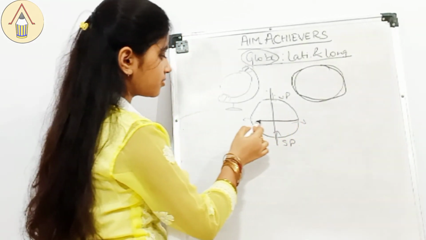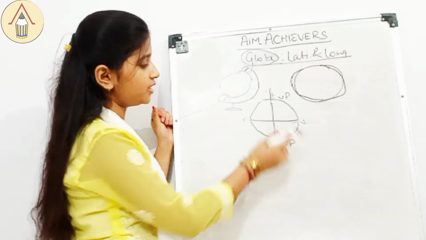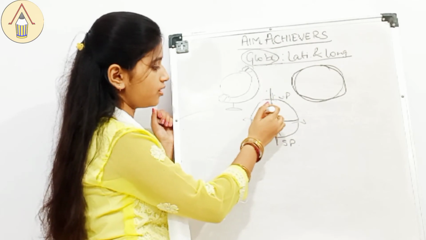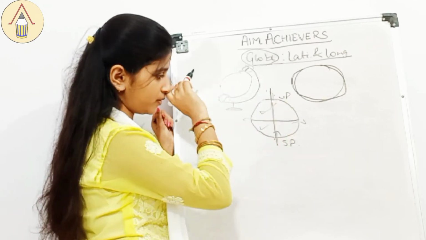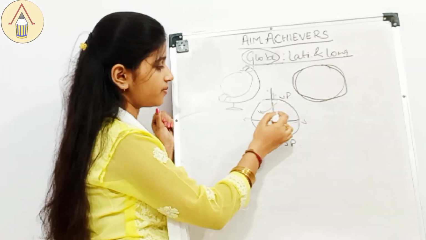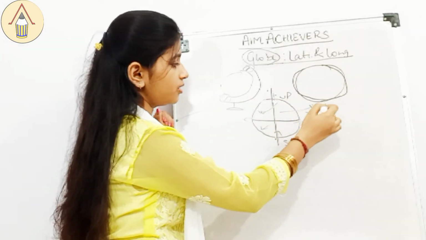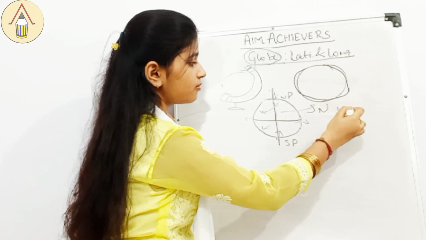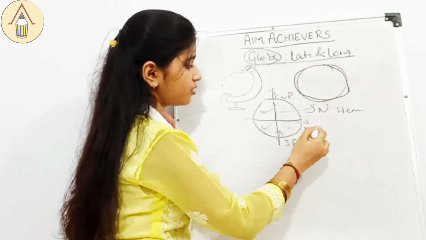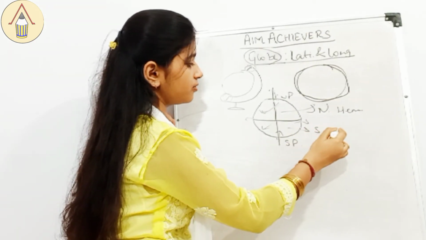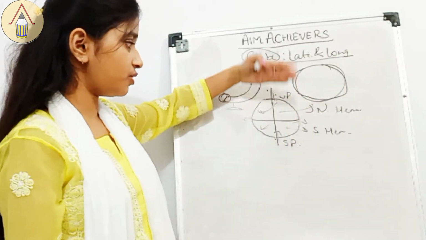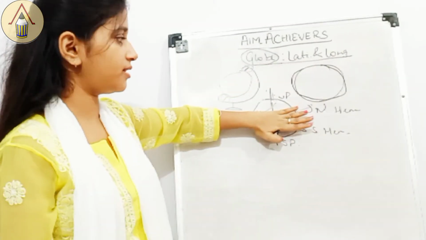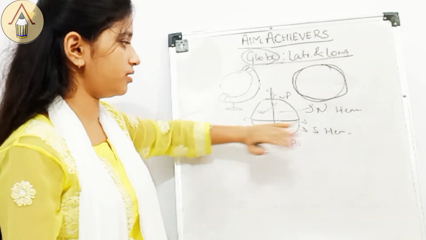And this is the line which divides earth in equal halves. This part and this part is known as northern hemisphere. And this part is known as southern hemisphere. From the north towards the equator, we can say this is the northern hemisphere and this is the southern hemisphere.